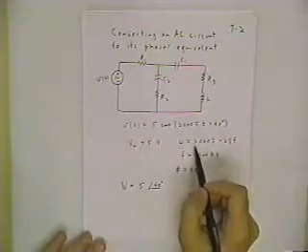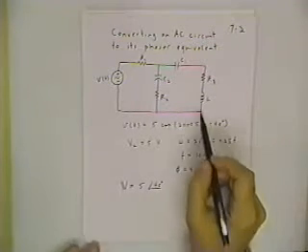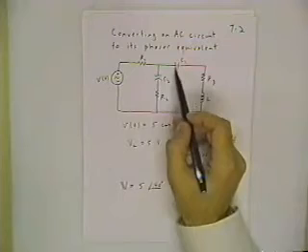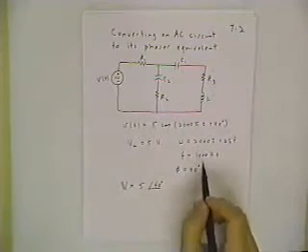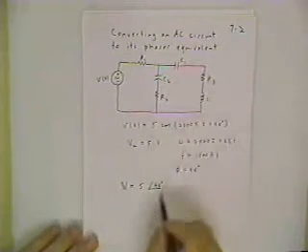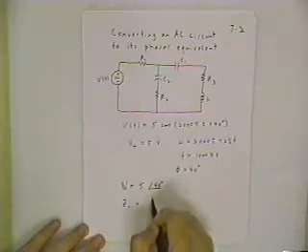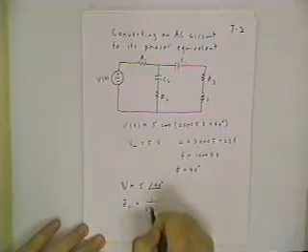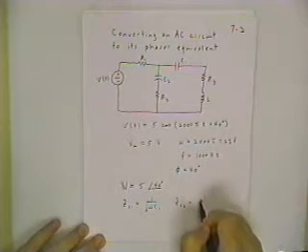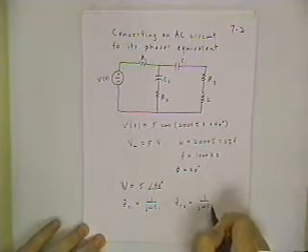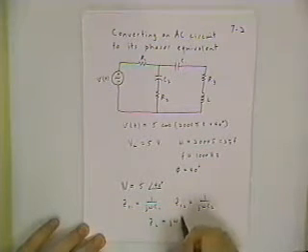But now we need to use the angular frequency omega of 2000 pi to calculate the impedances for C1 and C2 and L, given the impedance models and the values of C1, C2, and L. So let's do that. We'll say ZC1 is equal to 1 over J omega C1, ZC2 is 1 over J omega C2, and Z sub L is J omega L.